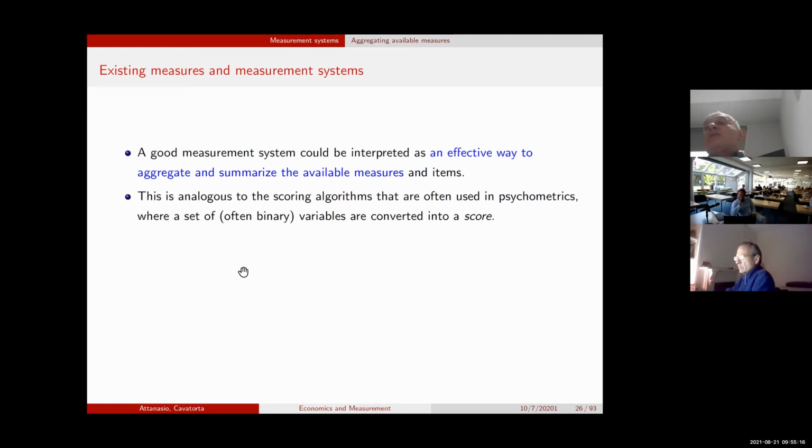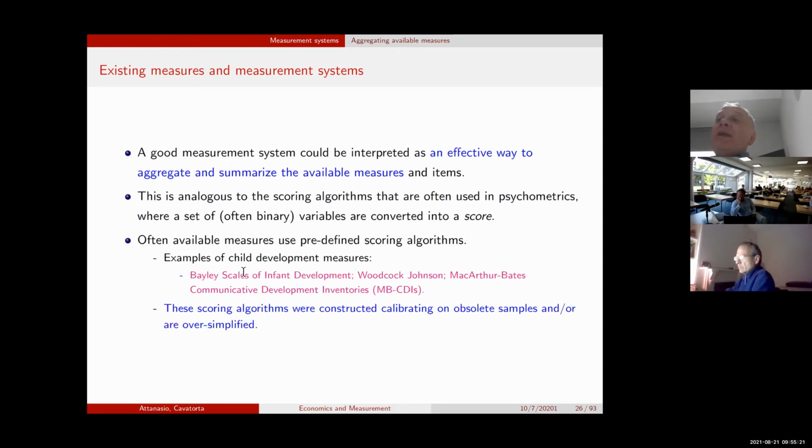Those are black boxes. And then if you are brave enough to read the 200 page manual that comes with this test, you discover that the scoring algorithms were constructed decades earlier by some psychometricians or psychologists on a sample of children that were used to construct that test, and they were maybe living in Florida.